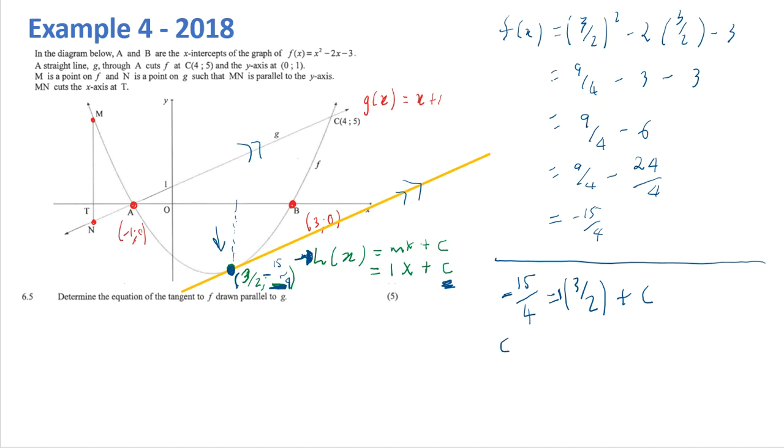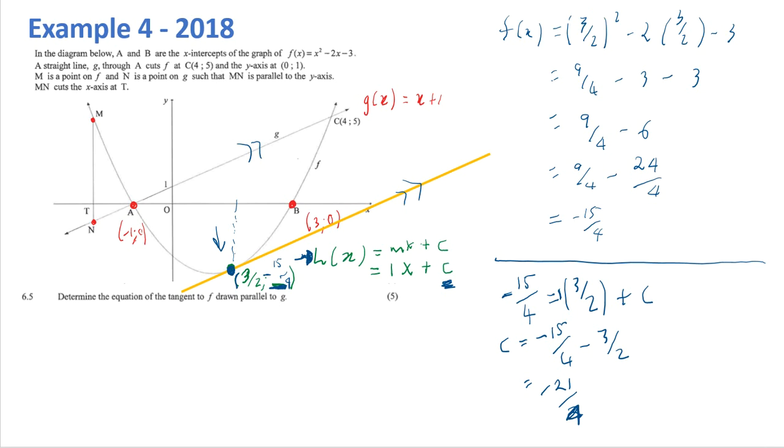And I make c the subject of this equation, so that's minus 15 over 4 minus 3 over 2. And that, ladies and gentlemen, is minus 21 over 4. There we go.